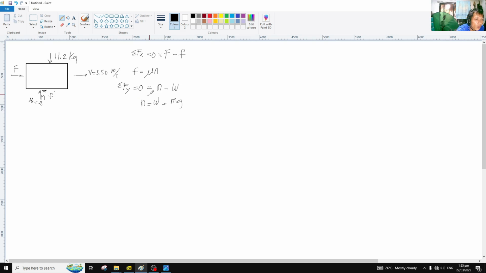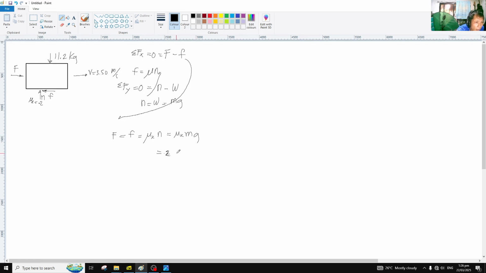Then you can substitute your N. Therefore, the force F is equal to the frictional force f, which is mu k N, and that is equal to mu k mg. So the frictional force must be mu k mg. Substituting, you have mu k, which is 0.2. You don't have a unit for that.